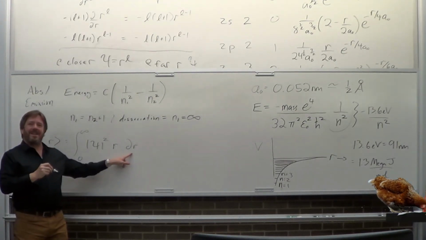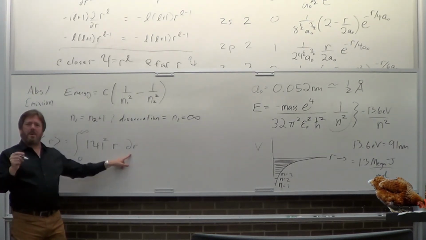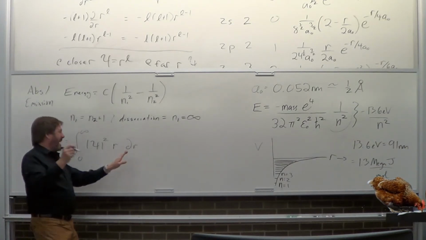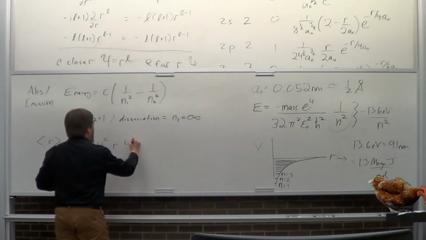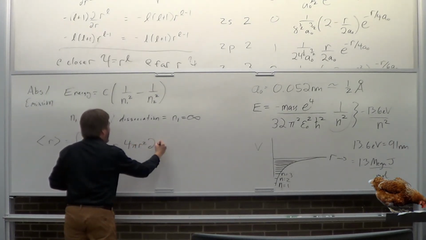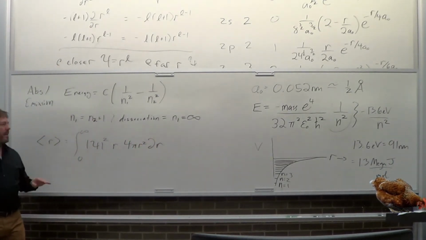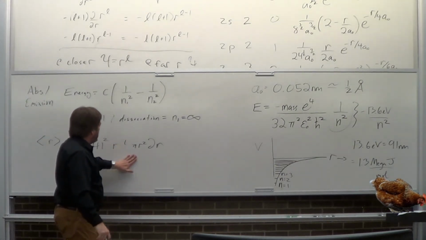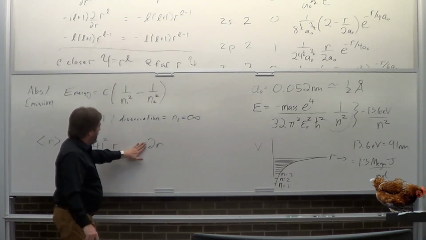Is this right? No, why not? 4 pi r squared, the Jacobian. Don't forget the Jacobian. No, not 4. No, just r squared. Just r squared.